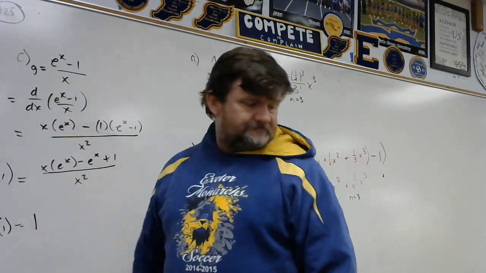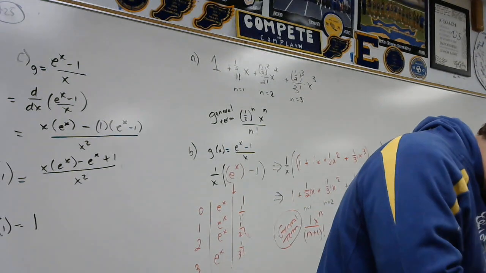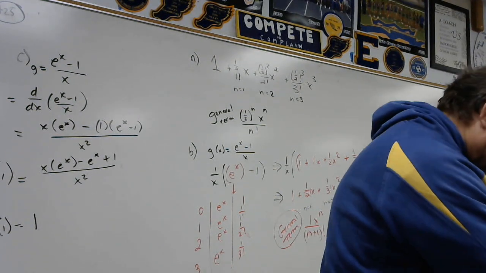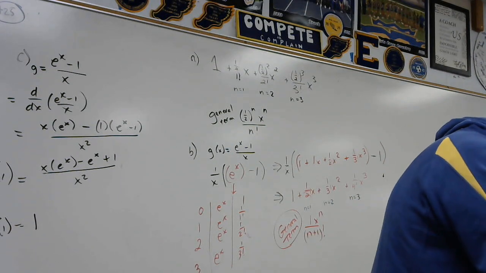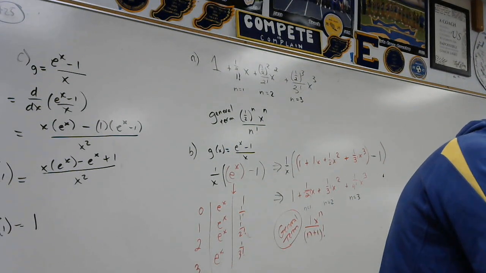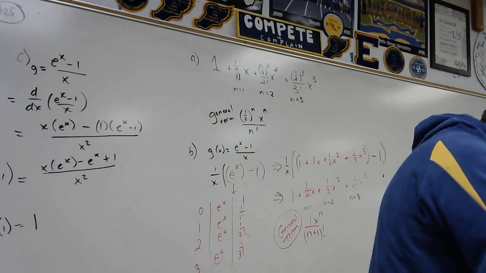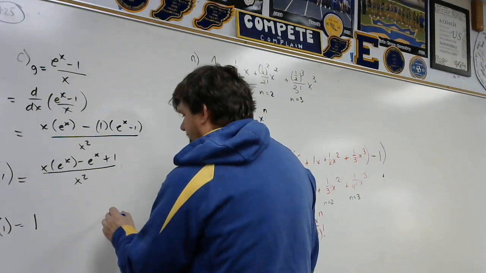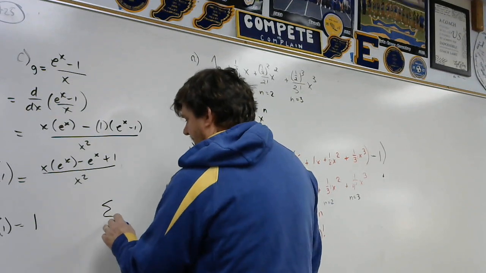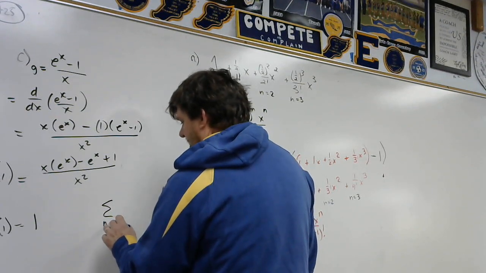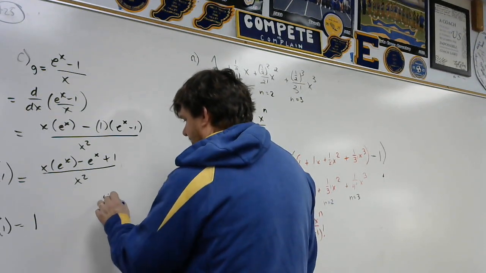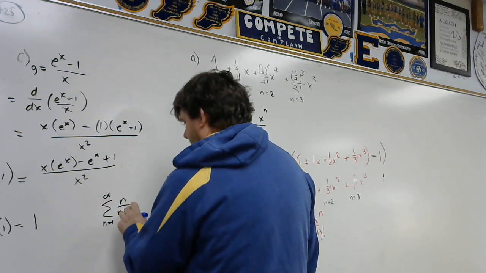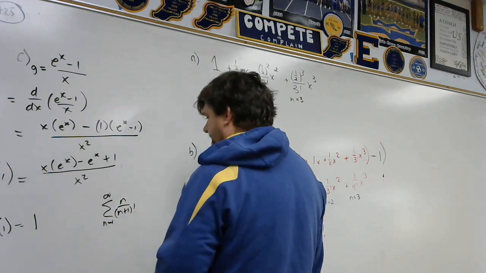So now, what do they want us to make it equal to? They want us to show that it's the same as the sum from n equals 1 to infinity of 1 over n times n plus 1 factorial.